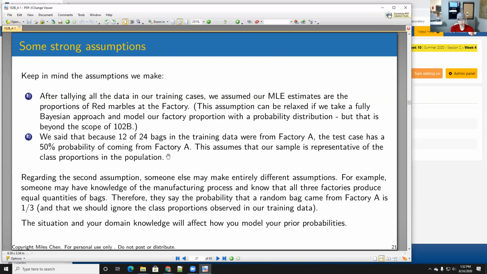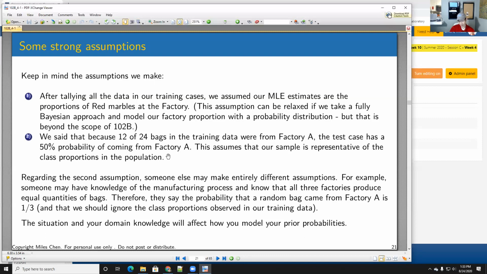So basically we dumped out the 24 bags of marbles, and we dumped out the 12 that came from factory A, and we said, okay, 60% of them are red, and therefore I believe that factory A produces 60% red marbles. We're just assuming factory A has a filling probability of 0.6 red.